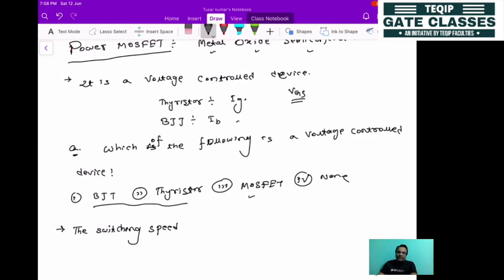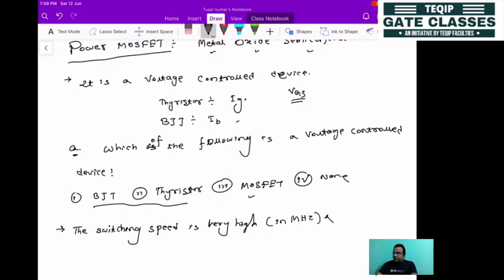So during that period, while switching on and switching off, what is that speed? In one period, how many times can you switch on and switch off? That is very high compared to BJT. That is the switching frequency. It is expressed in the range of megahertz.